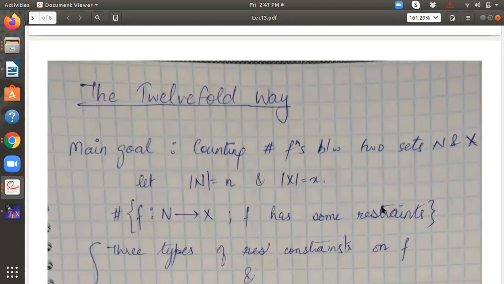So if I tell you that a certain event has to happen in two phases, the first phase can happen in 3 ways and the second phase can happen in 15 ways, in how many total ways can this entire function take place? 45. First phase had 3 and 15.